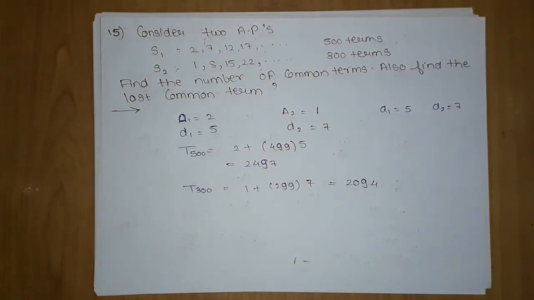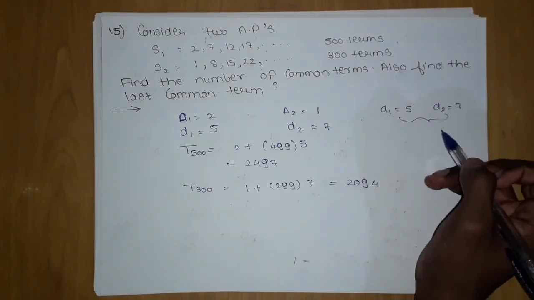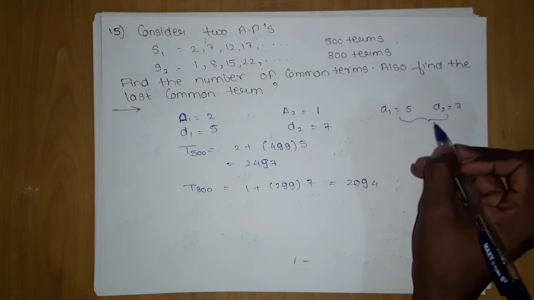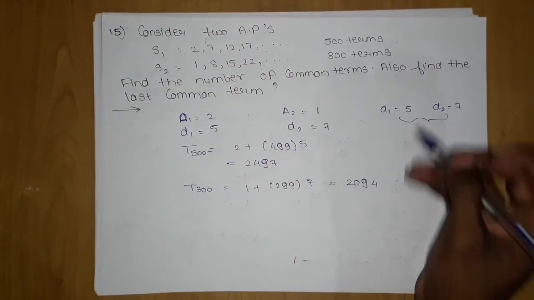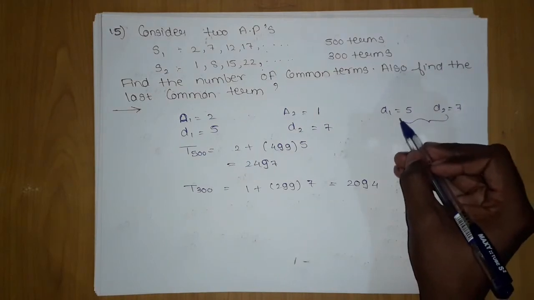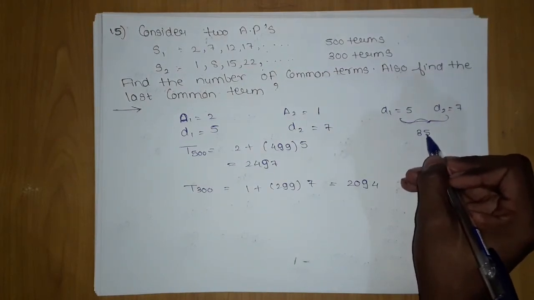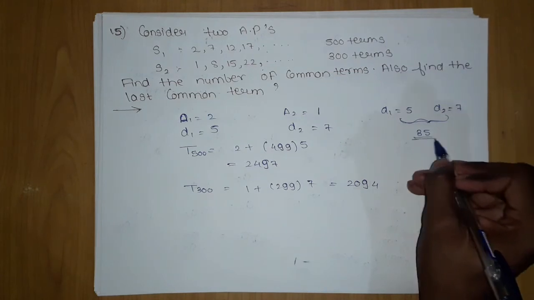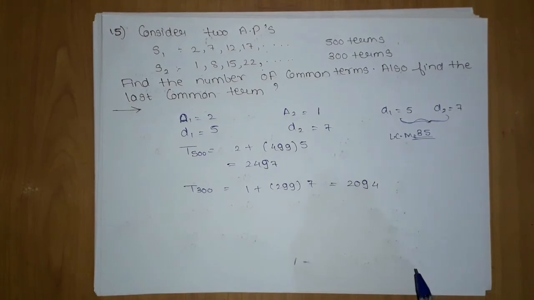Such terms exist with a common difference equal to the lowest common multiple of the two D's. That D is the D of the sequence of common terms between these two series. So what is the LCM of 5 and 7? The lowest common multiple is 35.